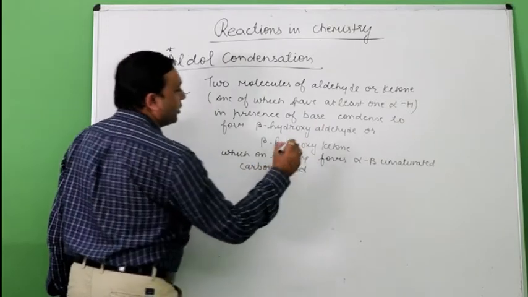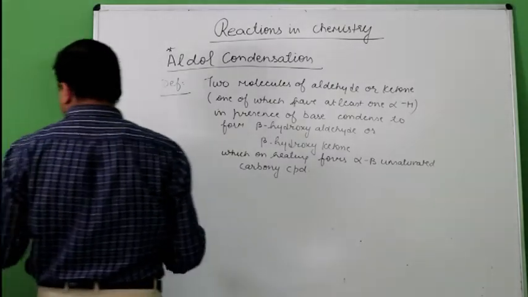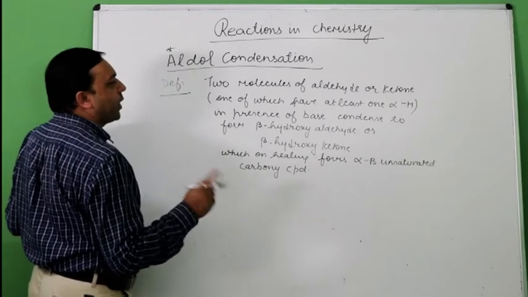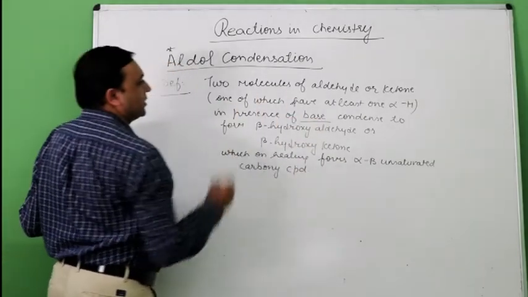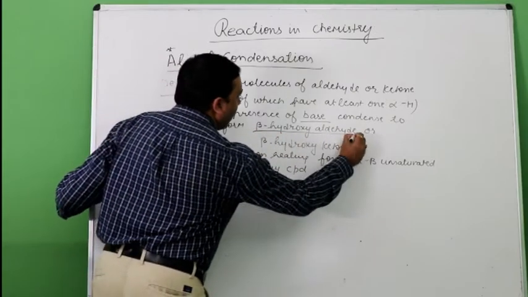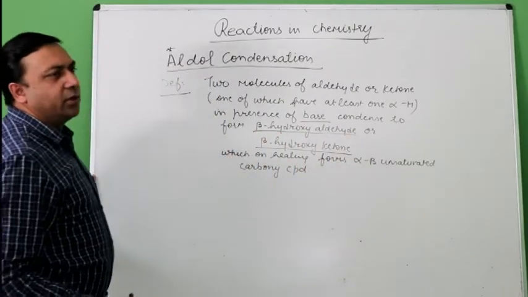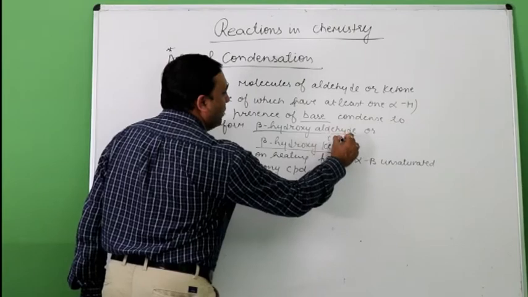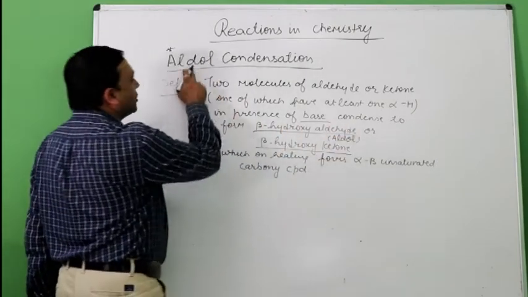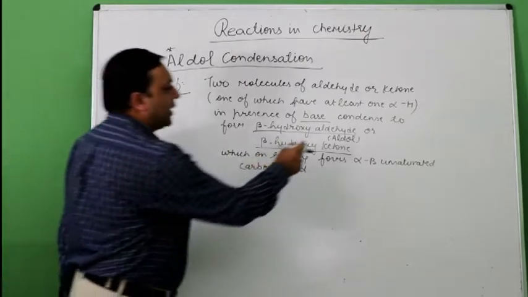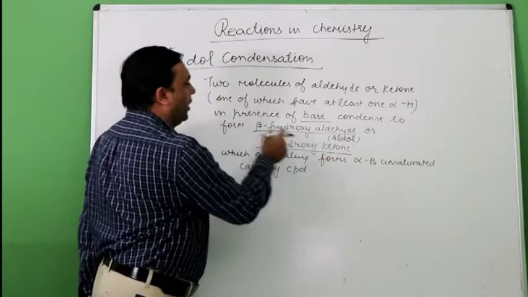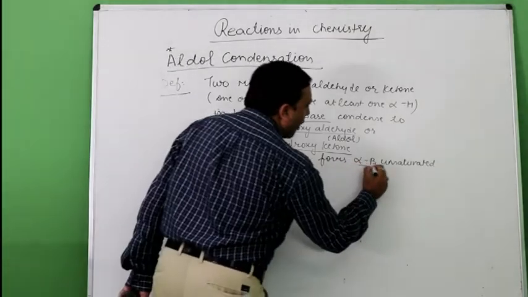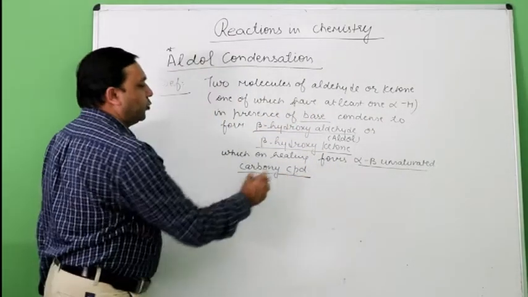This beta hydroxy aldehyde is also named as aldol. From its name, aldehyde and ol meaning alcohol, beta hydroxy aldehyde, it is called aldol, hence the name Aldol condensation.